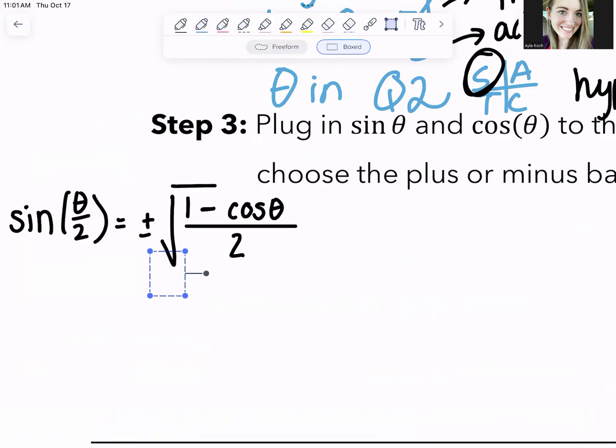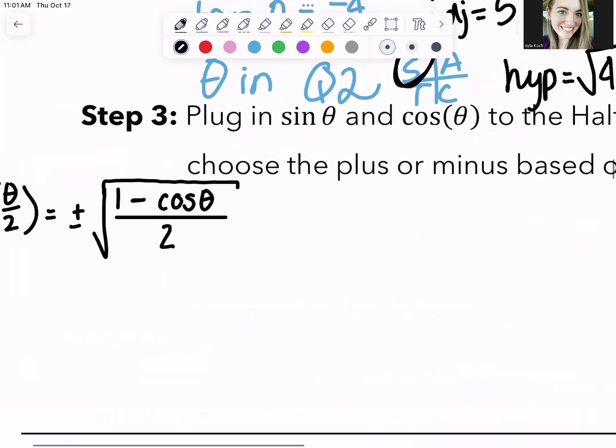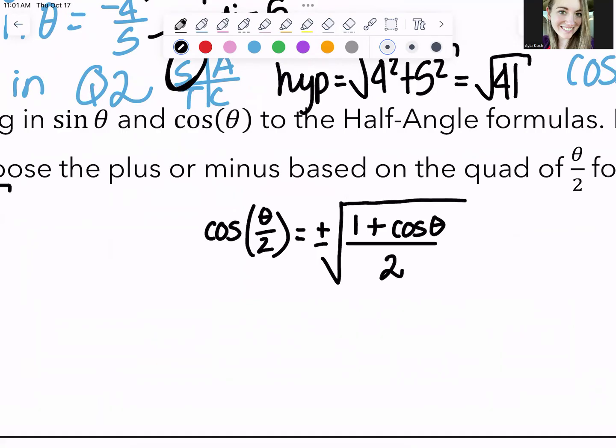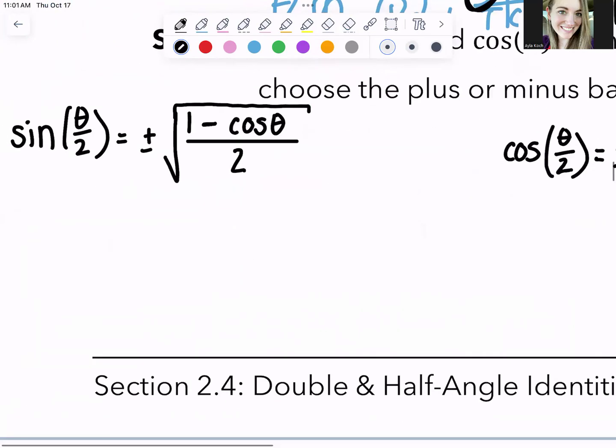So it's the opposite one of it. And then for cosine of theta over 2, it ends up being the same thing, plus or minus the square root, 1, but then plus, because cosine is the same sign as the same trig. I don't know. That's how I memorize it. Like I said, you don't necessarily need to memorize it that way.